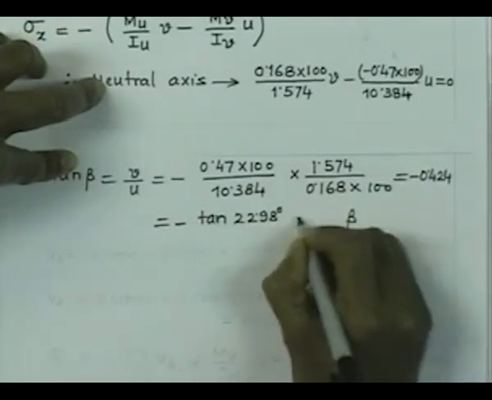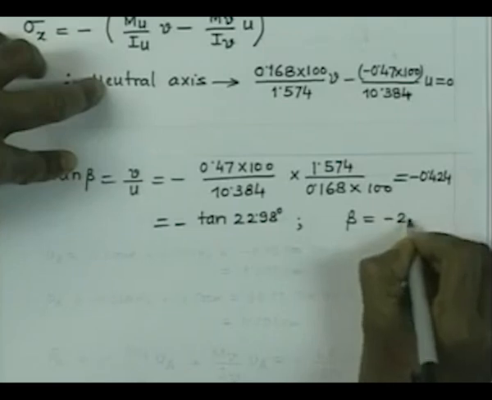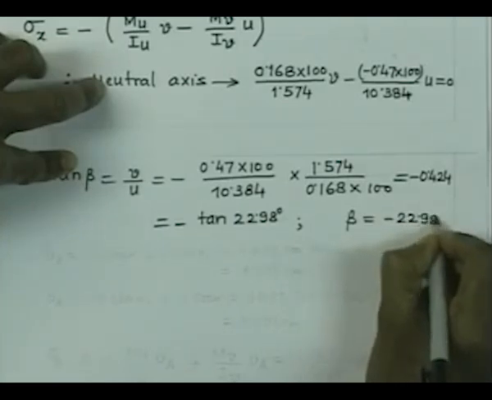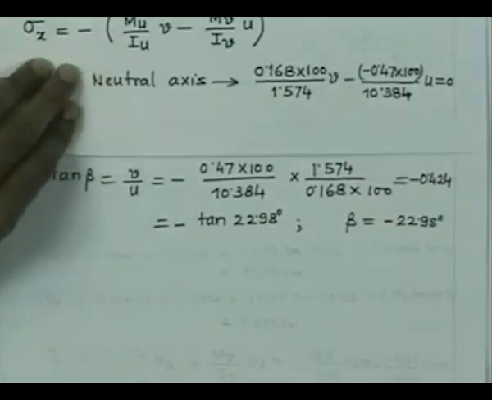So, beta is nothing but minus 22.98 degree. This is something very important.